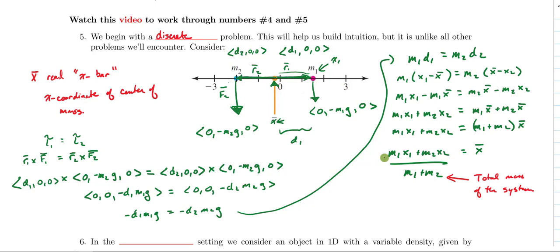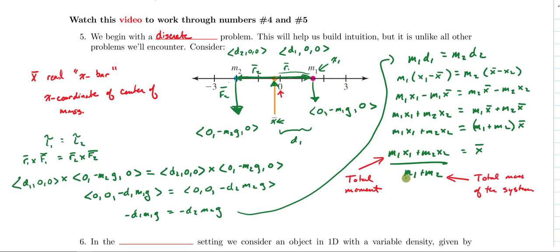Now, more complicated, notice up above here, what I have is each mass in the system multiplied by its x-coordinate in relation to the origin, 0 there. So we've got m1x1 plus m2x2. We give this a name. We're going to call it, in this case, the total moment. Although when we move to 2 and 3 dimensions, we will refer to this as maybe the y moment or the yz moment or something like that.